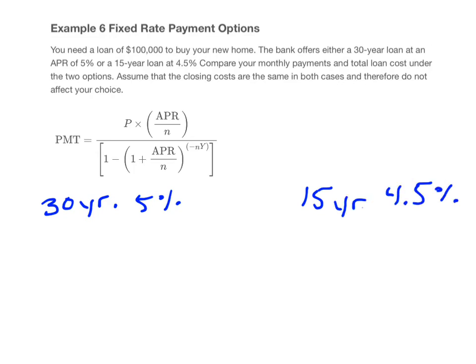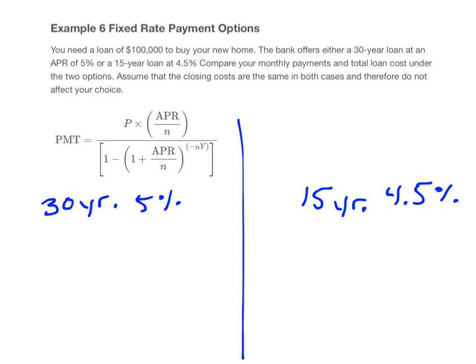So because the term of the loan is shorter, the bank's offering a better deal with the interest rate. And that's really the only difference between these two choices. We're assuming that the closing costs are the same in both cases.